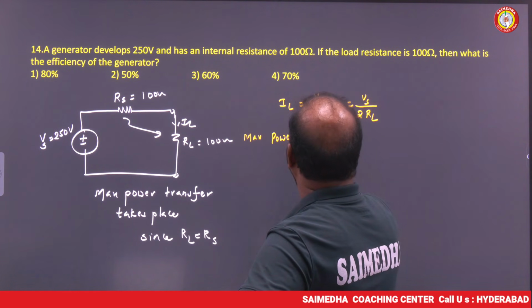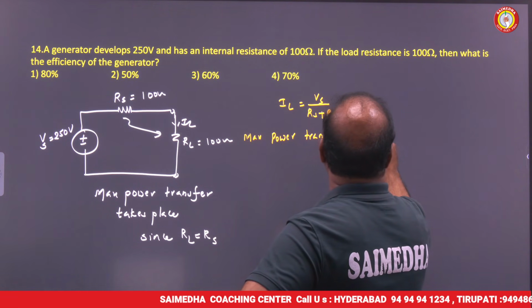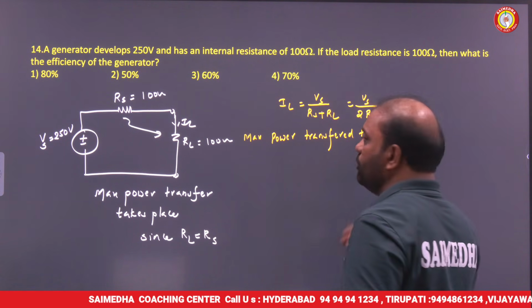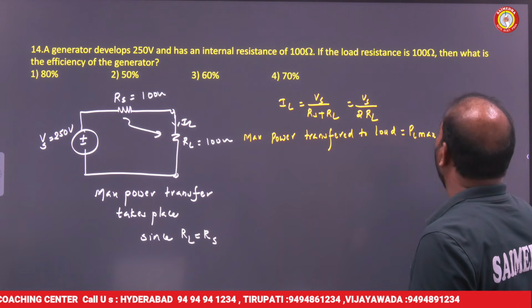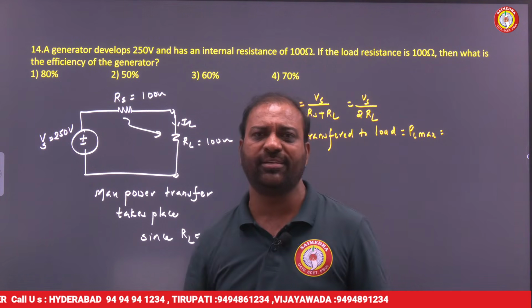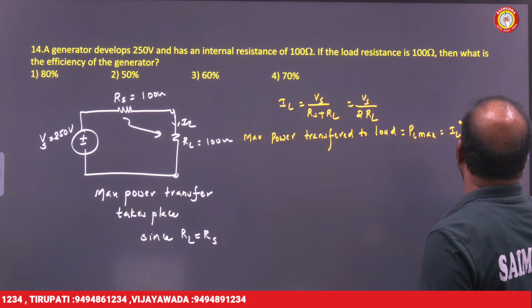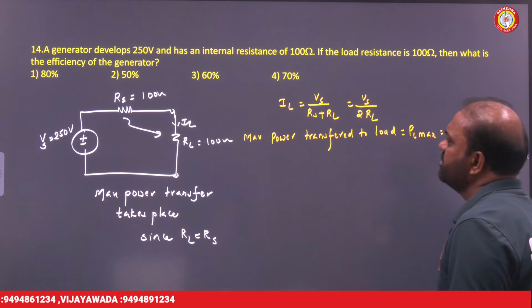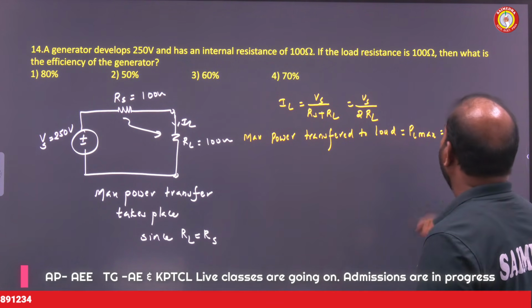Maximum power transferred to the load, PL max, is equal to IL square into RL. The current flowing to the load is clearly Vs by 2RL.